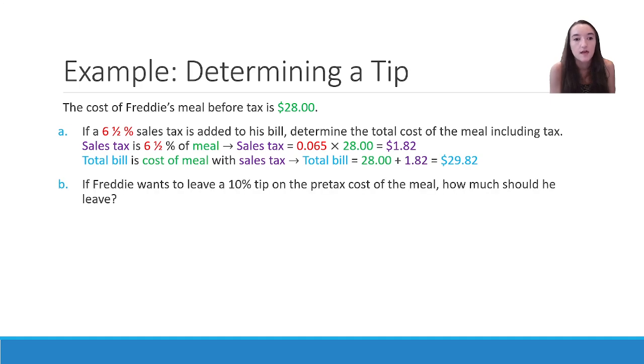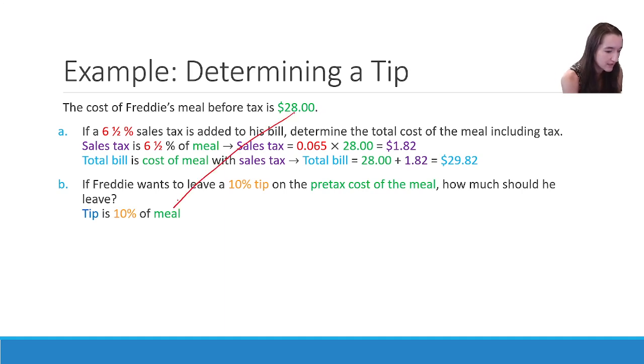If Freddie wants to leave a 10% tip on the pre-tax cost of the meal, how much should he leave? It's a very bad tip, but luckily we know that 10% is easy to calculate, so we're going to start from there. The tip is 10% of the meal. The pre-tax cost of the meal is that $28, and now we just fill in.